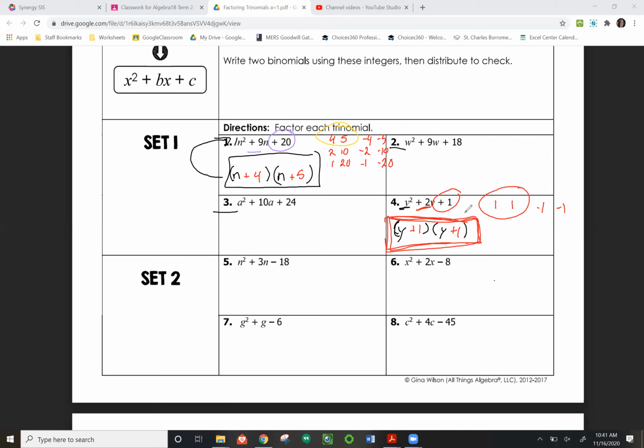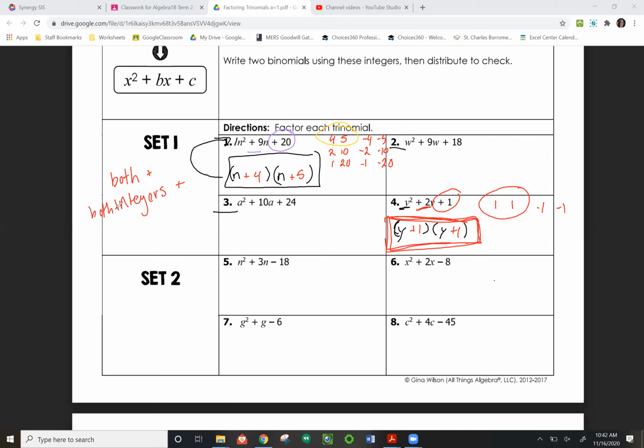So one thing to note, guys, if you want to make these kind of connections with these plus signs and minus signs: if both signs are positive, both are pluses, your integers will both be positive. Both pluses, both integers will end up being positive.